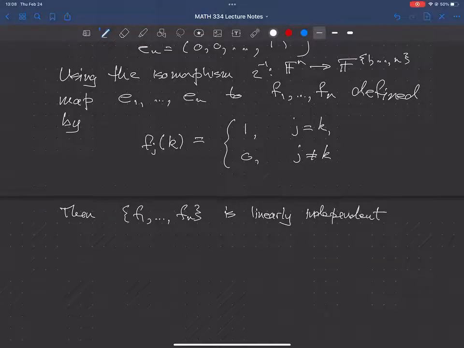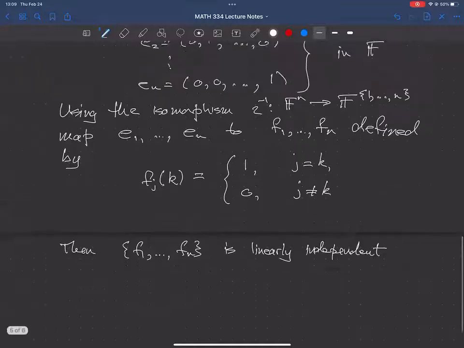I could prove this directly, but I'm not going to, because I'm going to prove it in a more general setting in a second. For our purposes here, it follows simply because this set is linearly independent, and this is an image of that under an isomorphism. And isomorphisms map linearly independent sets into linearly independent sets.